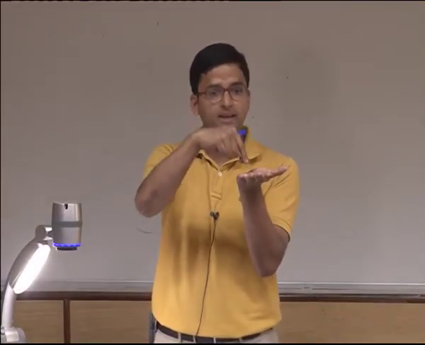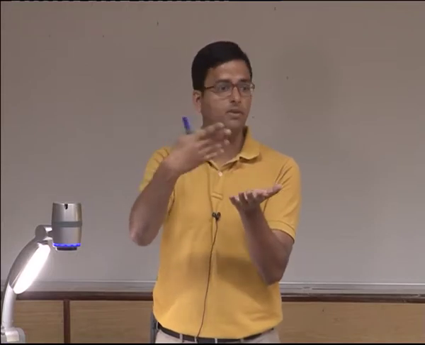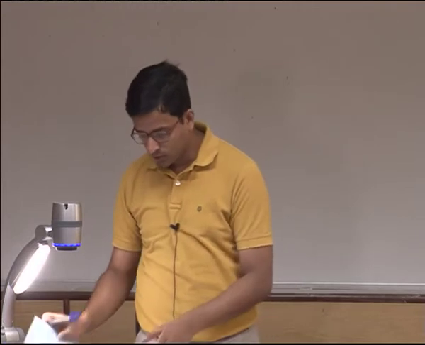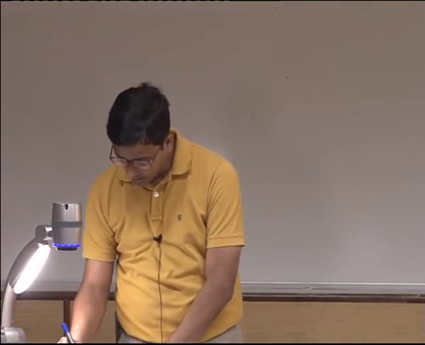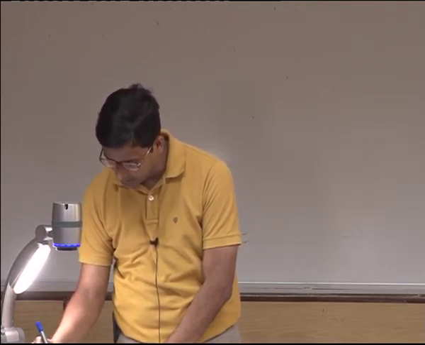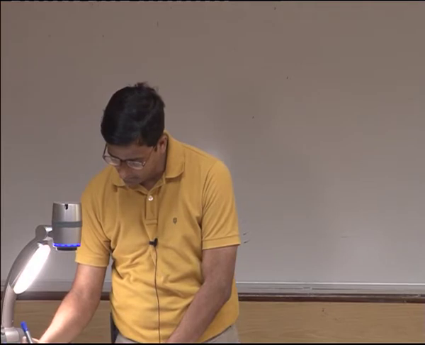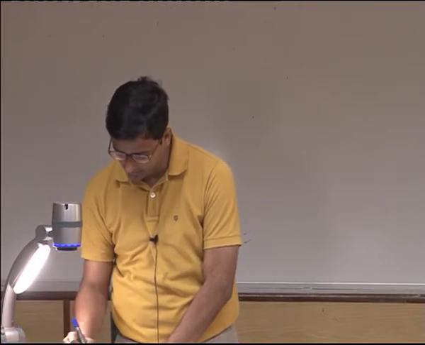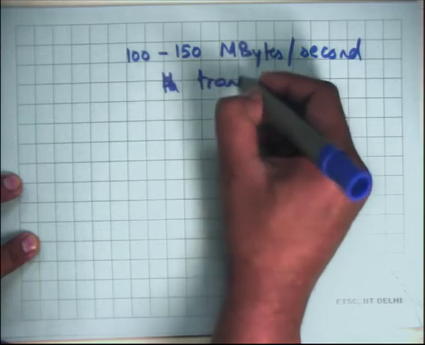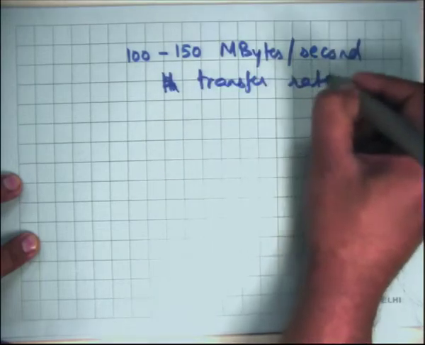So it's just a matter of the head starting to read the data that's stored in magnetic form on the platter, and with the current speed you will typically get 100 to 150 megabytes per second of bandwidth, the transfer rate, right.